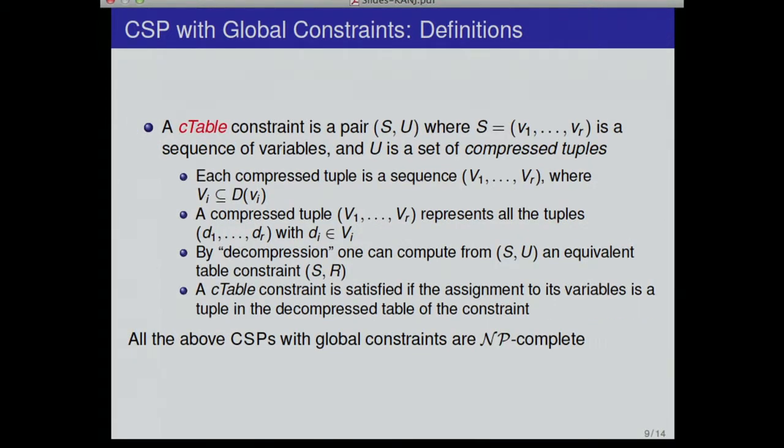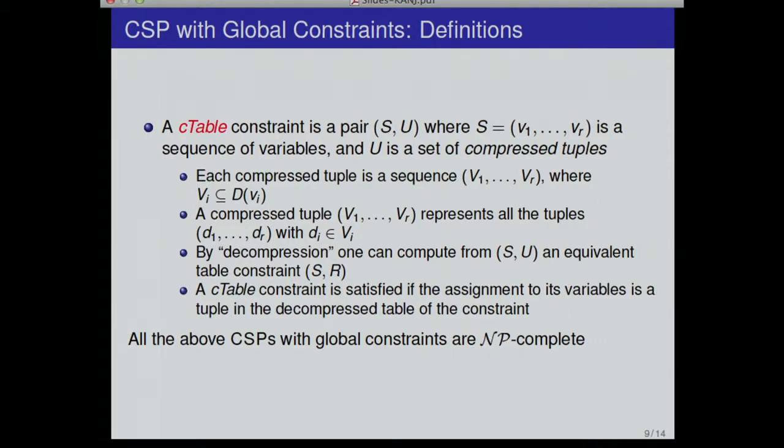For CSP with compressed tables, a constraint is given, again, as a pair consisting of a sequence of variables and a set of compressed tuples. Each compressed tuple is a sequence of subsets of domains of these variables. So V1 is a subset of domain values of variable V1, VR is a subset of domain values of VR.